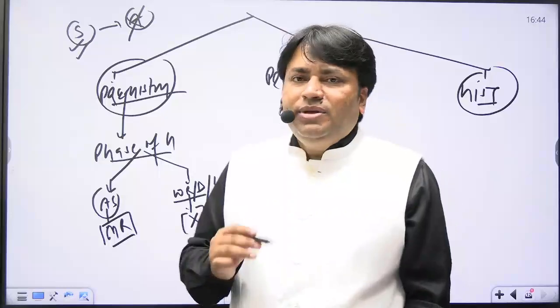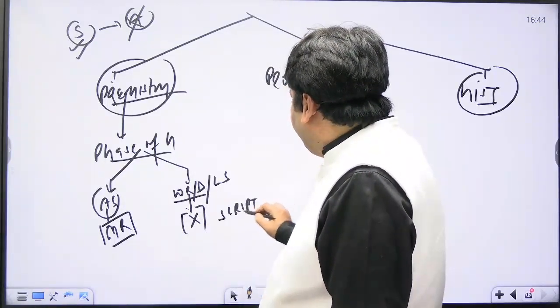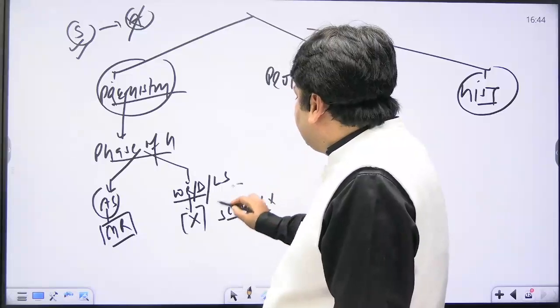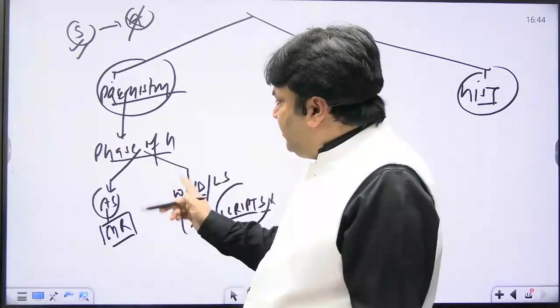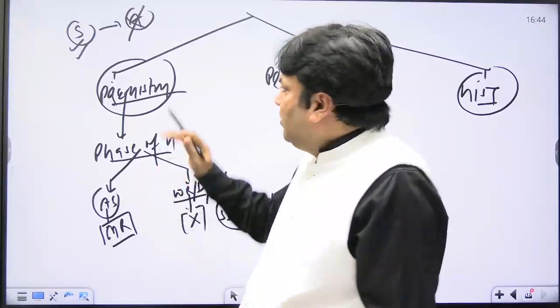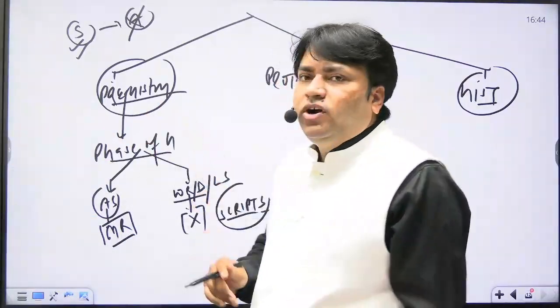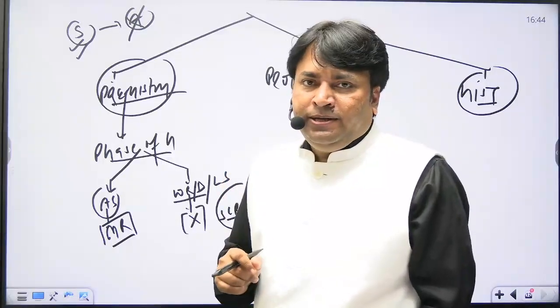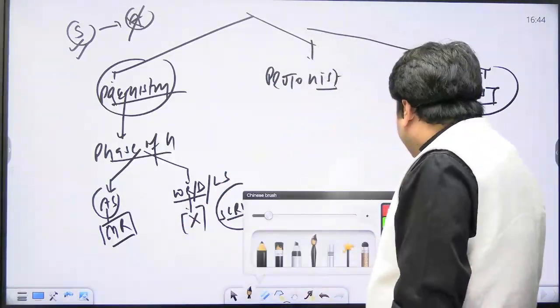Okay, it means if scripts are absent, if there are no scripts, that phase will be considered as a prehistoric phase, right? It means that the only source to know about the cultural developments of this phase is what? Material remains. Got it? And there are no written records.